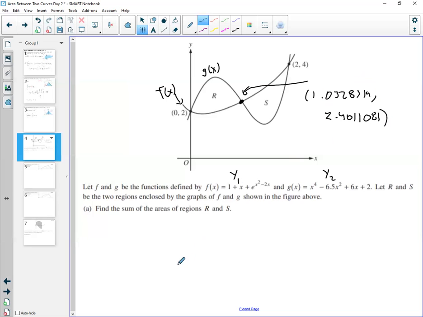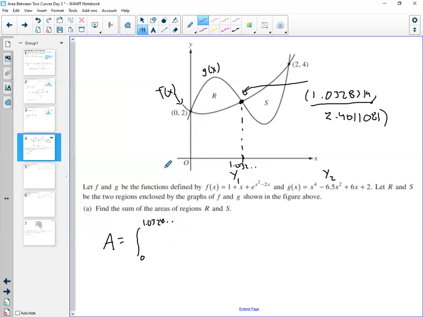And what you really want is to find the area, so do the integral from 0 to this number, because that's right there. This is going to be 0 to 1.0328.